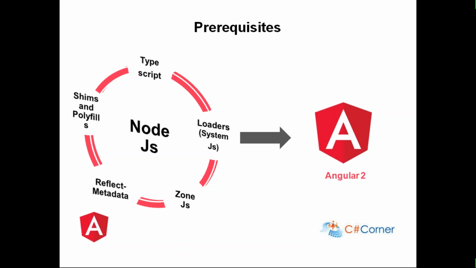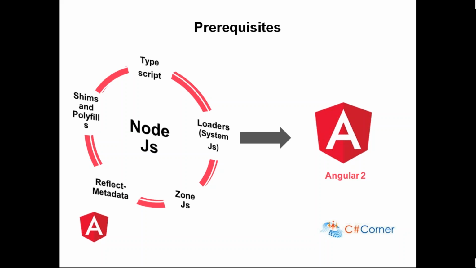For example, you have to install TypeScript on your PC, and loaders, shims and polyfills, reflect metadata, and zone.js. So before creating a basic program, you should at least get to know what exactly these things are. I'm going to give you a glance at TypeScript and the rest, not in detail. Primarily, TypeScript, shims and polyfills, and Node.js.